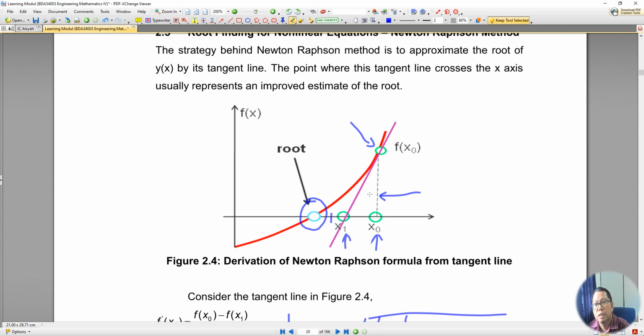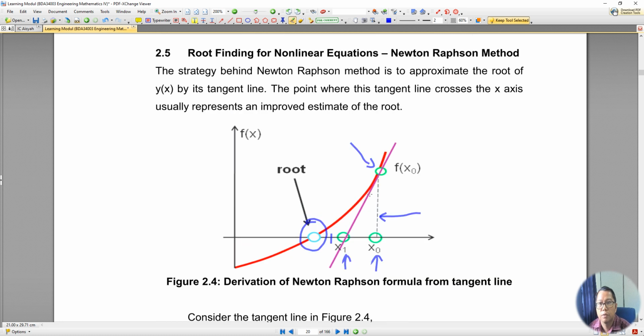For me, the advantage of the Newton-Raphson method is that the iteration is fewer than the previous methods, so you can save time. The time consumption is low, and you only require a single value of x naught.